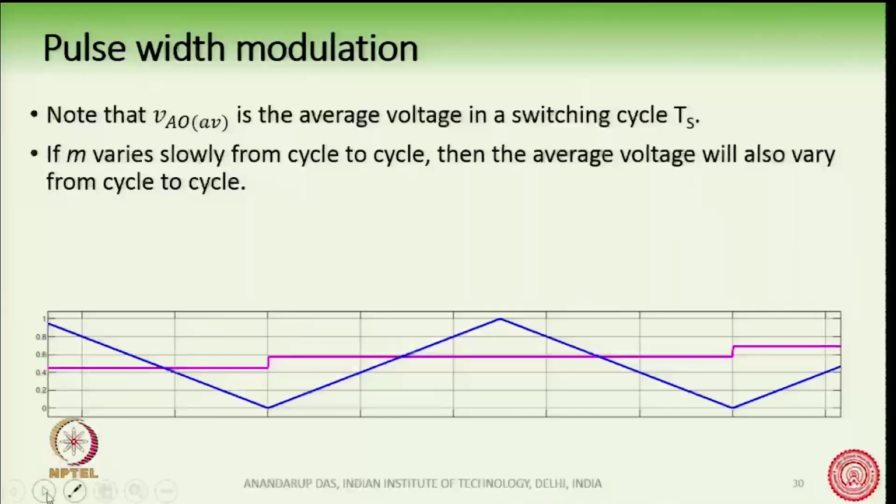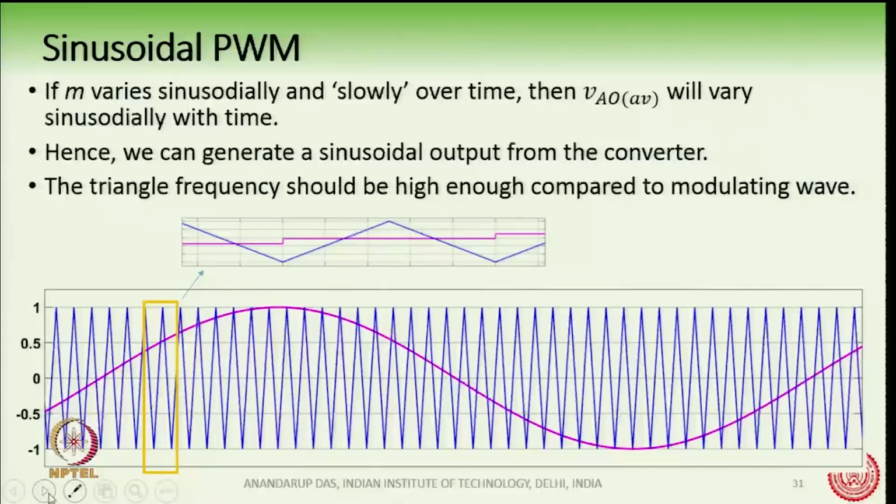So, if now we change the value of m sinusoidally over a period of time, then the average output voltage will also vary sinusoidally, okay. And this is how we generate a sinusoidal output from a converter.